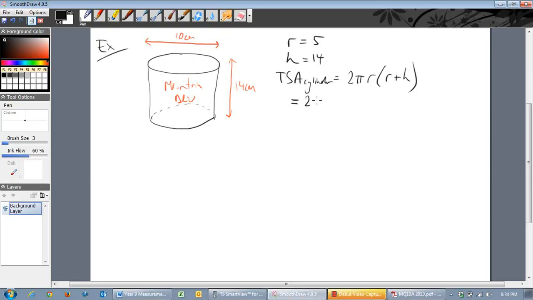Let's do it. 2 times pi times the radius of 5, bracket 5 plus 14. That's 5 plus 14, which is 19. And then straight into your calculator with this: 2 times pi times 5 times 19.